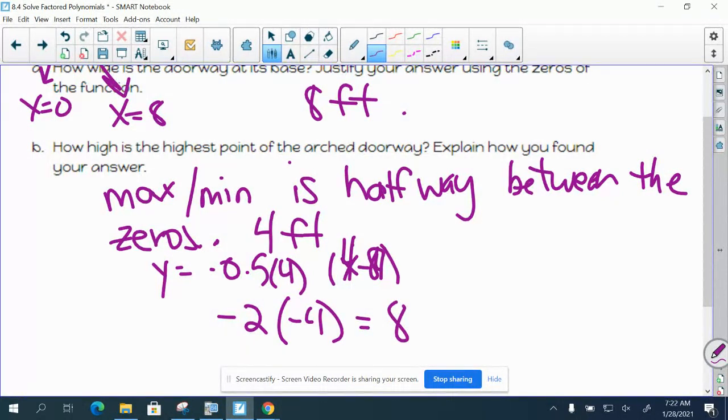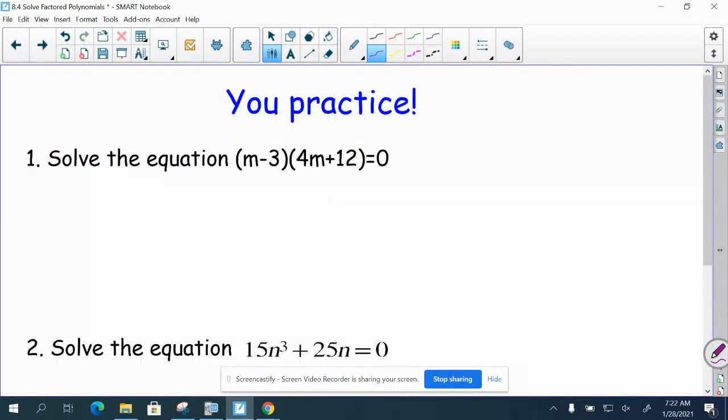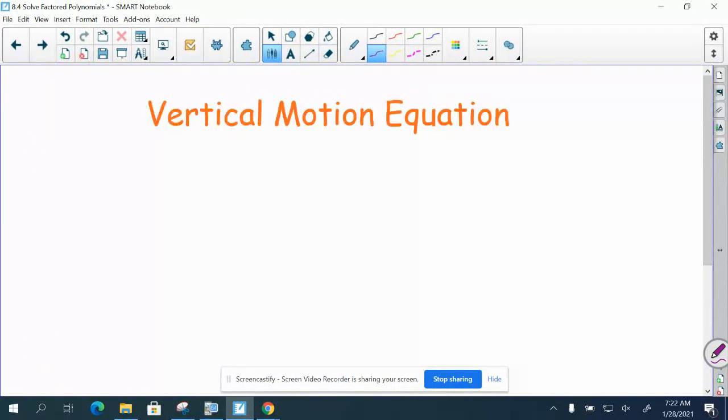All right, so next we're going to learn about the vertical motion equation. This is a really important equation that we're going to be using all throughout this unit. So imagine if I throw something, if you take an eraser and you throw it up into the air, it kind of follows this arch.